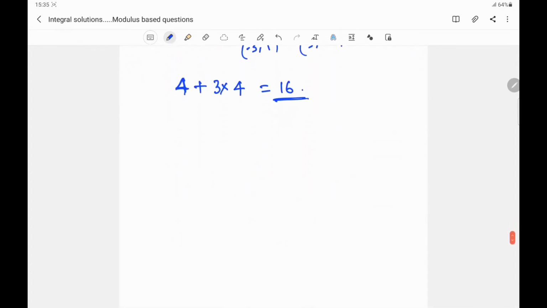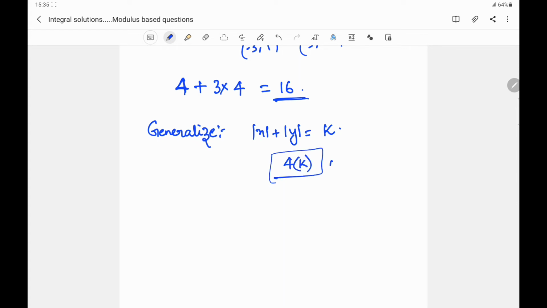In order to generalize this, we can say that if modulus of x plus modulus of y is equal to k, then the number of integral solutions is 4 into k. This will give me the number of integral solutions to this equation modulus of x plus modulus of y is equal to k.